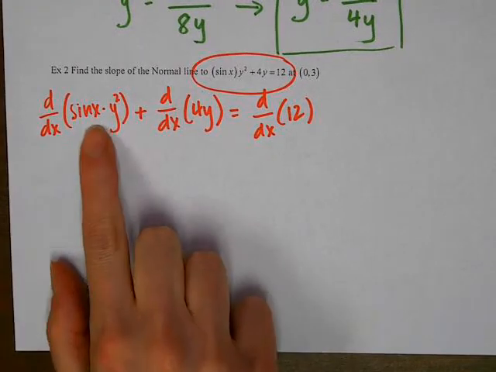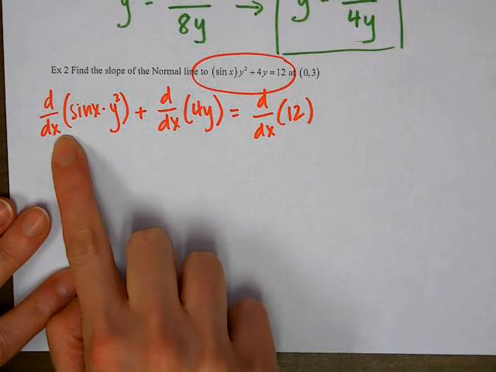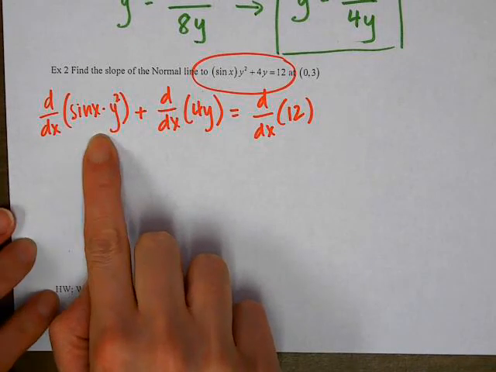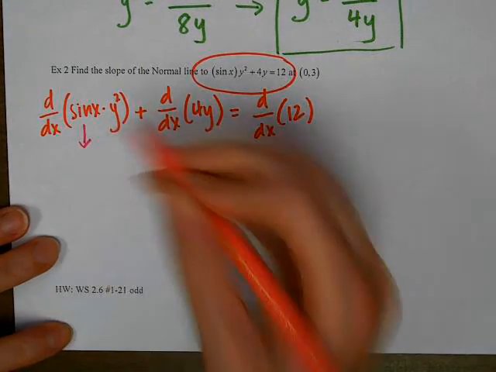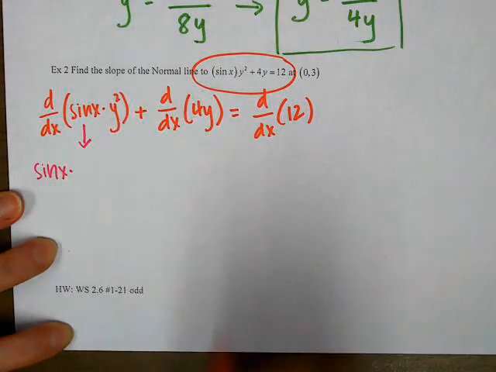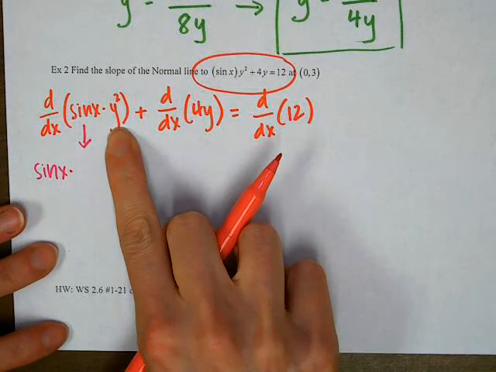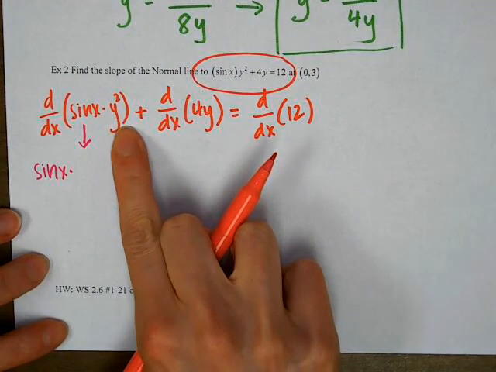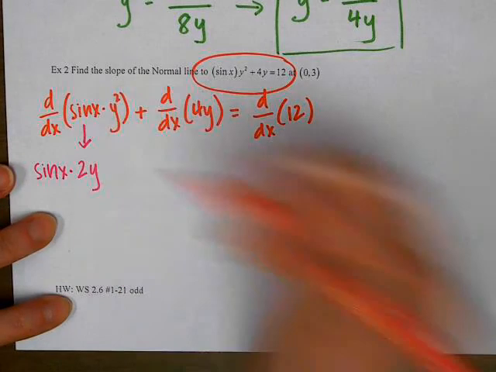Now, what are you guys going to have to do for this one? It's the product of two functions. The derivative of a product, we have to use product rule. All right, so product rule says it's the first function, which is sine x, times the derivative of the second function. Now the derivative of y squared, we're going to start with power rule, and it's going to be 2y.